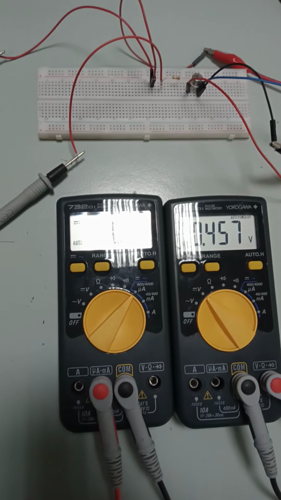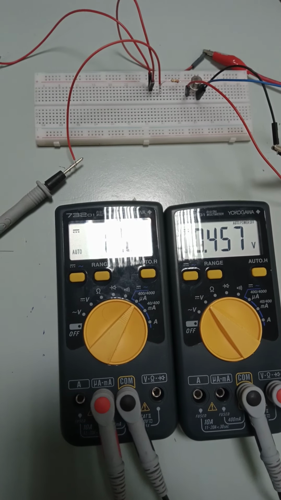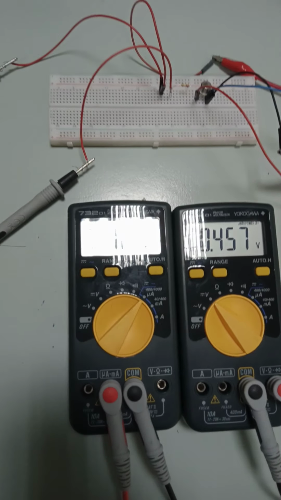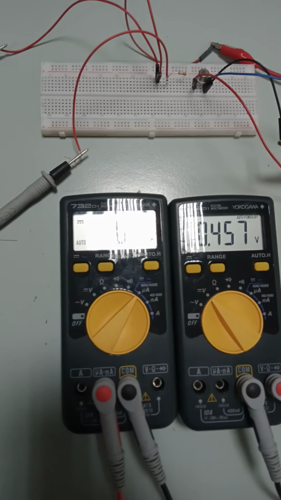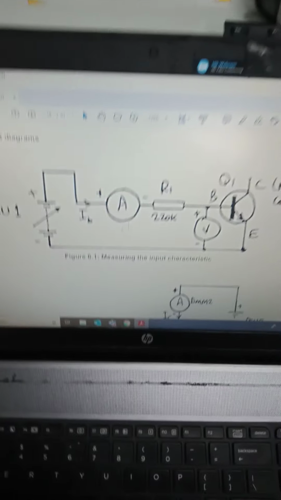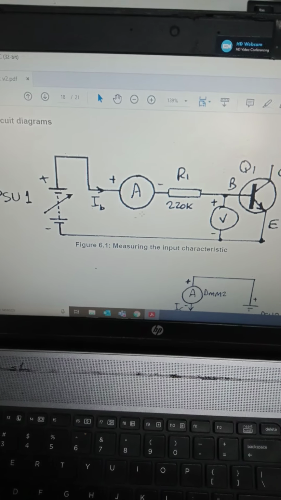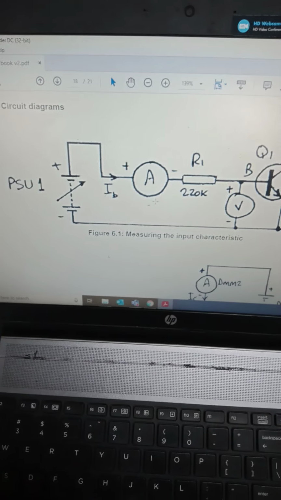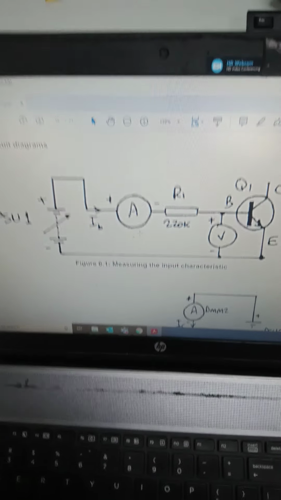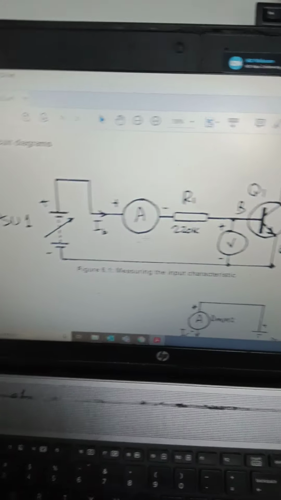So the current has been multiplied by 10 times. So if we assume, in figure 6.1, when there is 100 microampere current going, what would be the voltage that we have to supply at the PSU1?